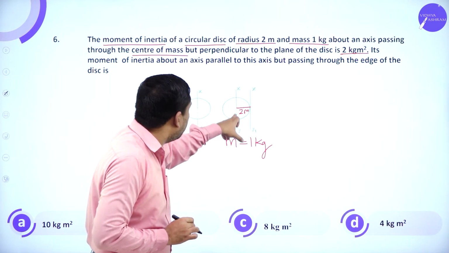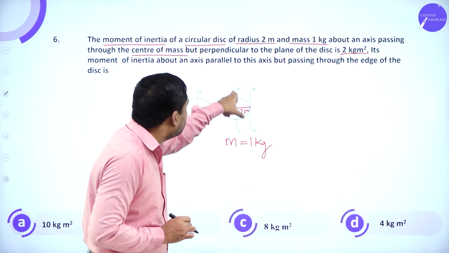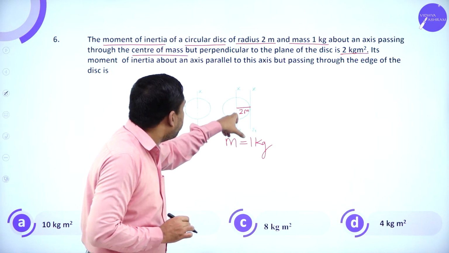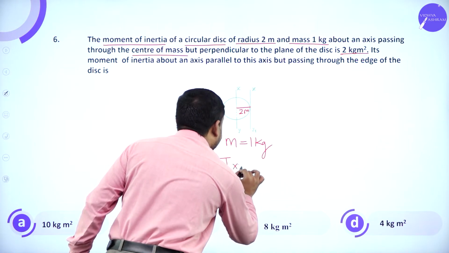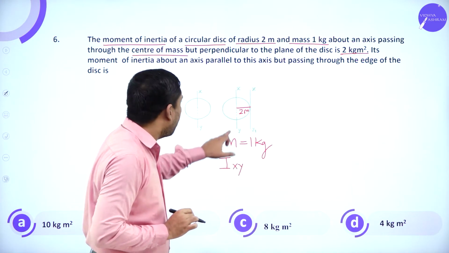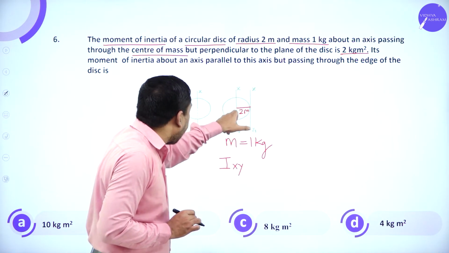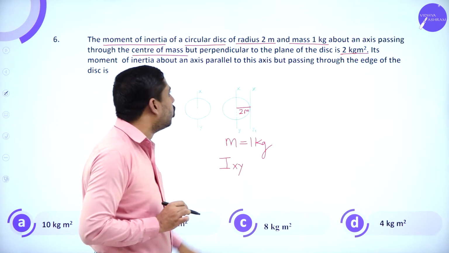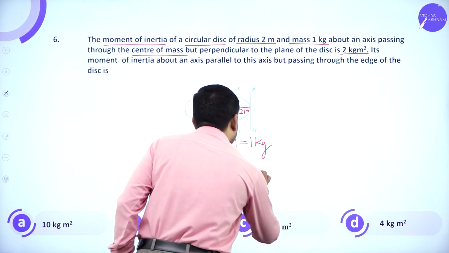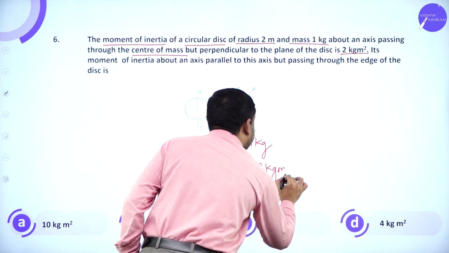And moment of inertia about an axis passing through the center, Ixy, the moment of inertia about an axis XY passing through the center, is 2 kg meter square.